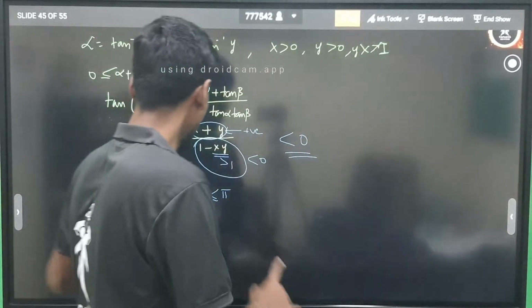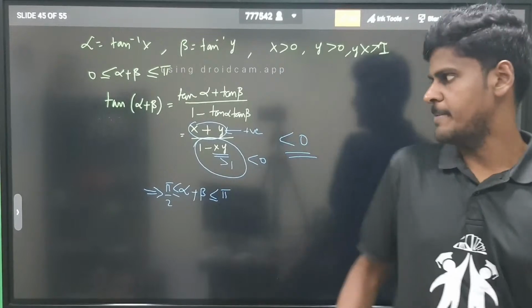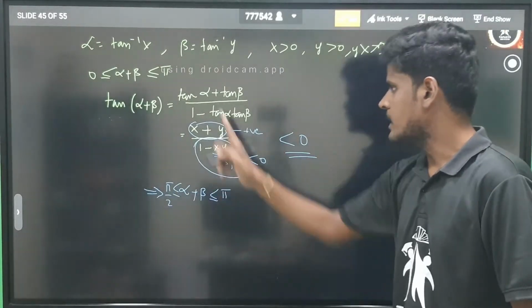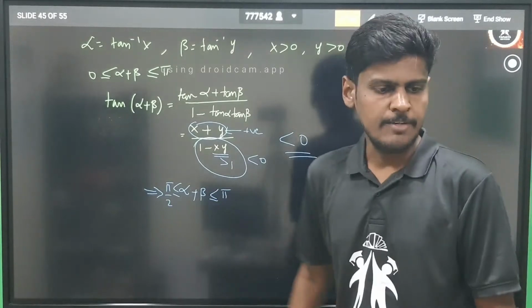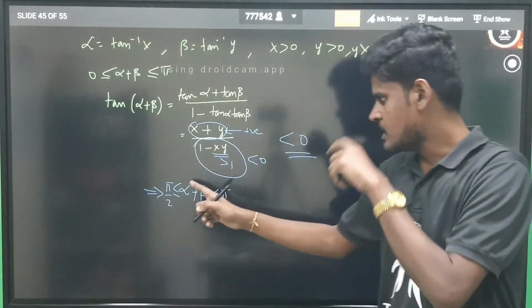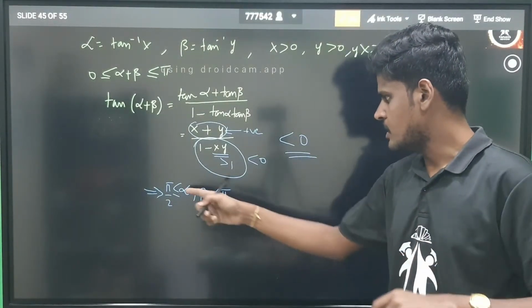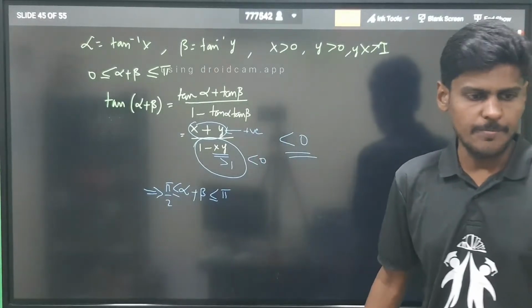Is that correct? Only in the second quadrant is the tan value negative. So what we understand from this is that tan inverse x plus tan inverse y lies between pi by 2 to pi.